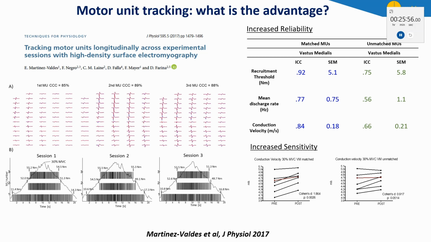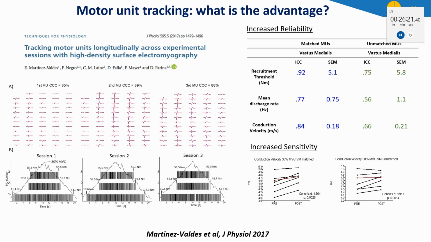But what you can observe is that your reliability drops, okay, when you do that analysis. So in this particular study, for example, we used vastus medialis, and then we checked, for example, recruitment threshold. We have a much higher ICC, a much lower SEM for the tracked motor units compared to the classic averaging approach. And then the same thing for mean discharge rate and conduction velocity.